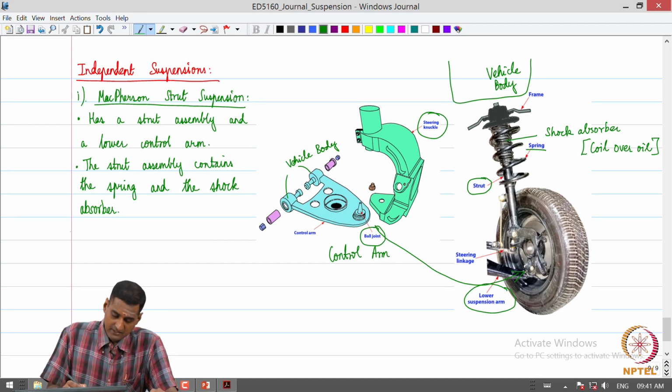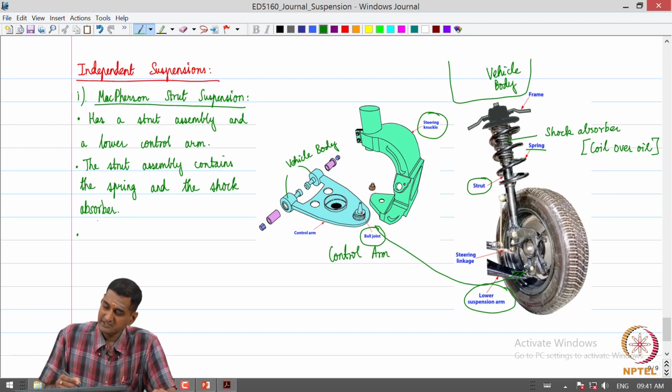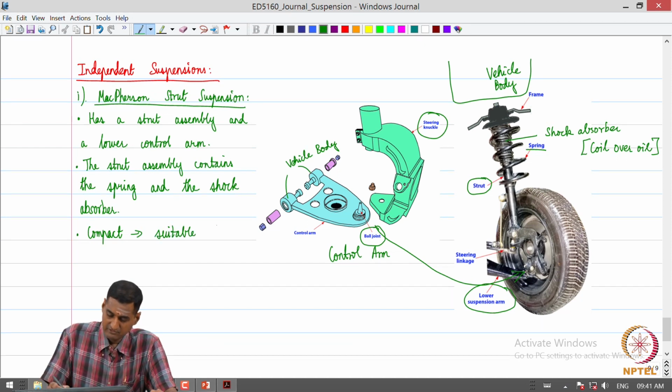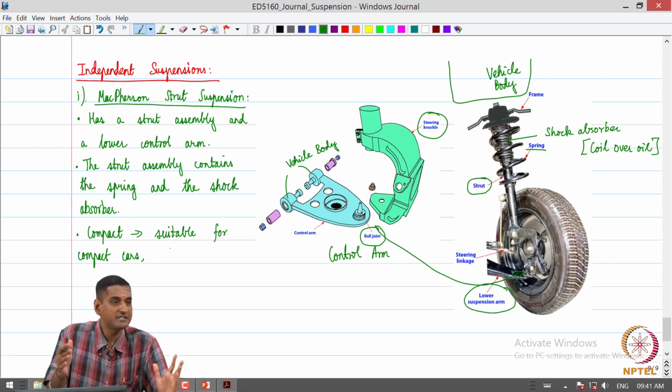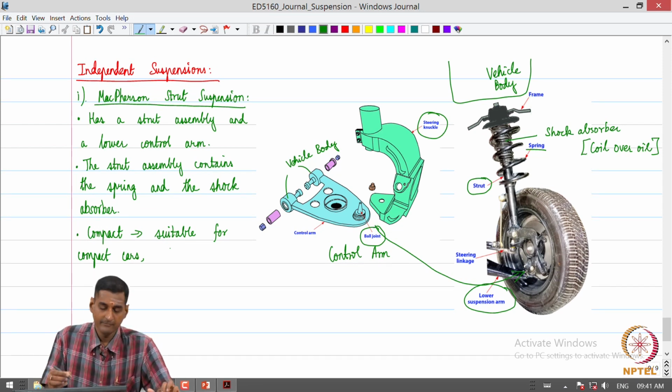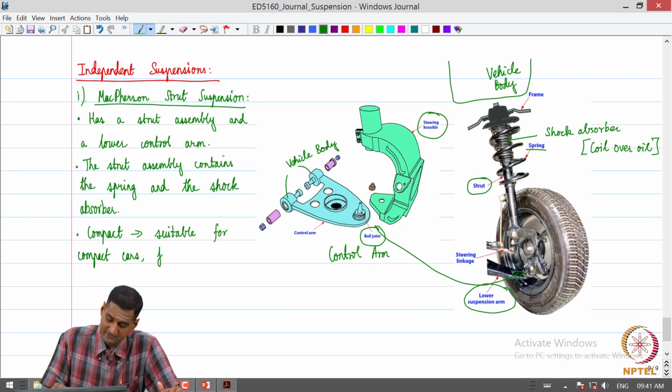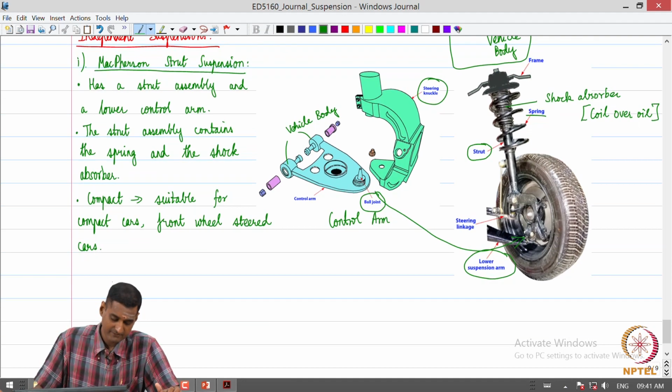Of course, the top end of the strut is connected to the vehicle body. The main advantage of this is that it is compact, so suitable for compact cars, where space is a premium. So, packaging everything becomes very important, particularly where the front wheels are steered. So, where we have front wheel steered cars, this becomes important.